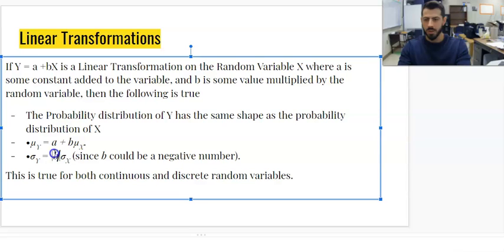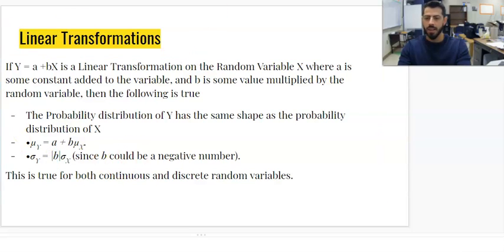So you take the absolute value of whatever you're multiplying by, multiply that by your standard deviation, and that'll give you your new standard deviation. The mean, you just do whatever you're doing to everything else, multiply and then add, and you'll get your new mean. But for your standard deviation, you just do multiplication, and you only use the positive value. If you're adding, then it doesn't change your standard deviation, so you don't have to worry about it.